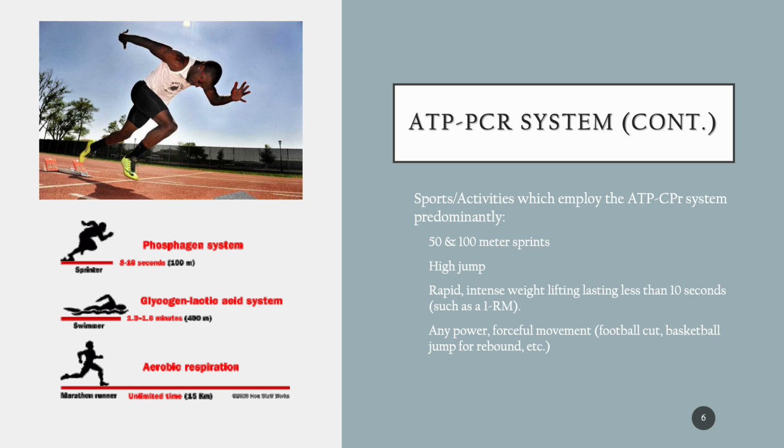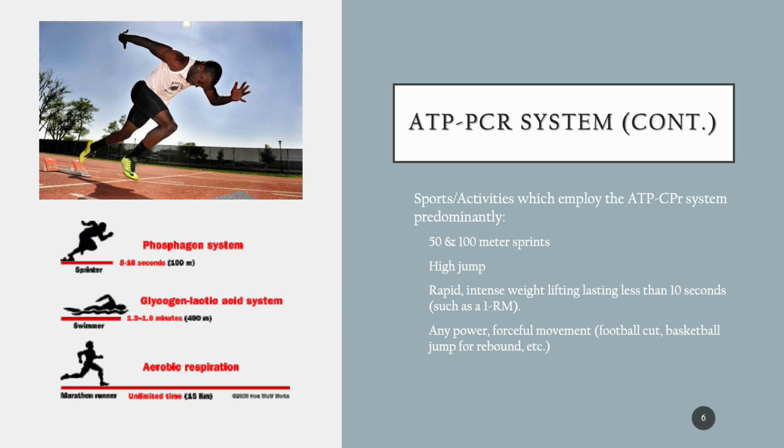Some examples of the ATP PCR system are predominantly the 50 and the 100 meter sprints, high jump, and rapid, intense weightlifting lasting less than 10 seconds, such as a 1 RM, known as a repetition maximum. Any powerful, forceful movement, a football cut, a basketball jump for a rebound, those types of movements are provided with energy by the ATP PCR system.